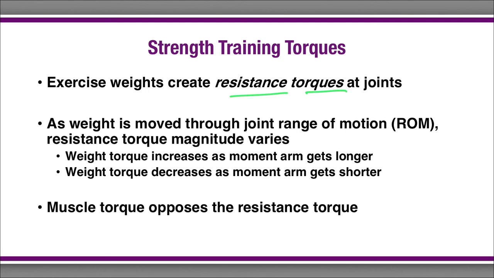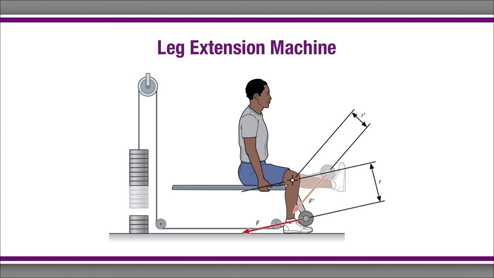Our muscle torque opposes the resistance torque. We can see here in using a leg extension machine, our moment arm is going to change throughout the movement as the machine itself is providing these resistance forces.